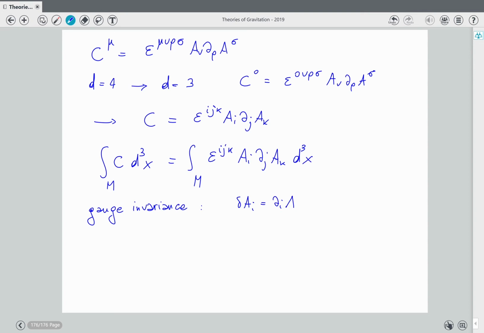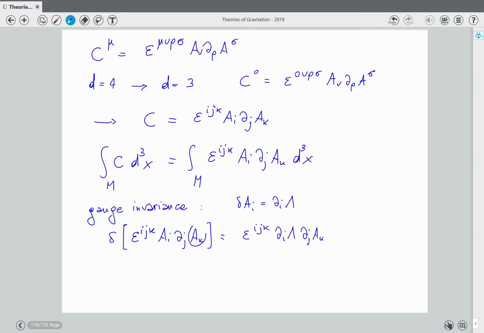And the integrand, which is ε^ijk A_i ∂_j A_k, is not invariant, because when I apply the variation to A_i, I obtain ∂_i λ.